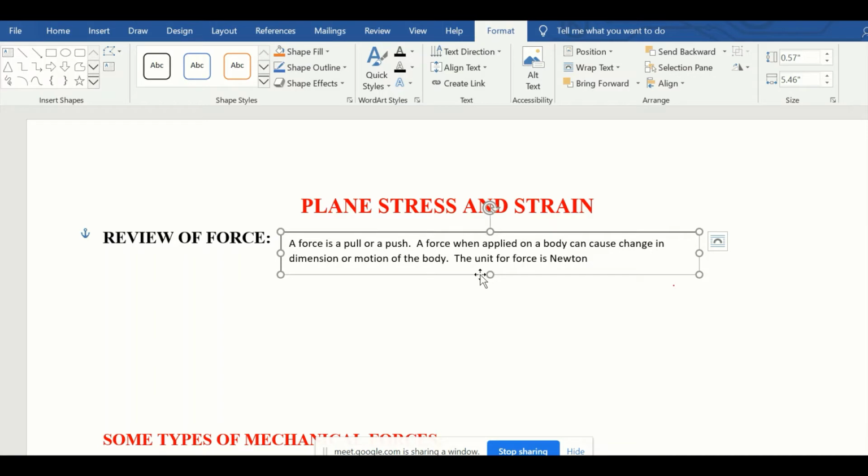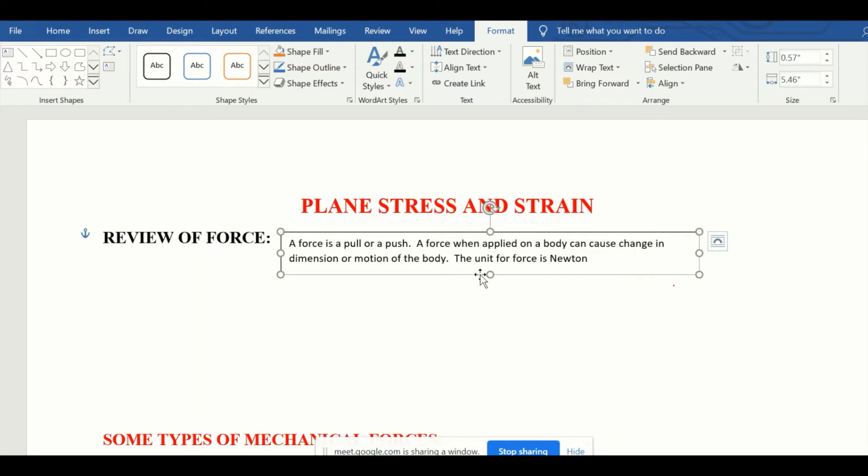For example, a bridge. When the weight of vehicles drives on the bridge, it undergoes change in dimension. We might not be able to feel or see these changes taking place, but they do occur, and they are so minimal that we cannot see them.